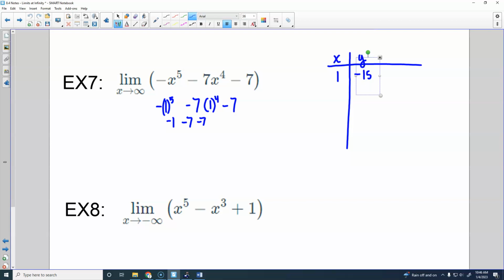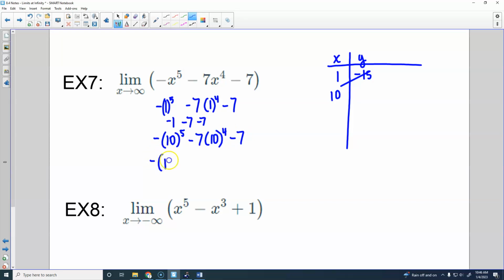Okay, let's plug in 10. Try to stick to numbers that are going to be fairly easy to do by hand, because I want you to see what's happening here. So we got negative 10 to the 5th minus 7 times 10 to the 4th minus 7. This will have 5 zeros, this will have 4 zeros.